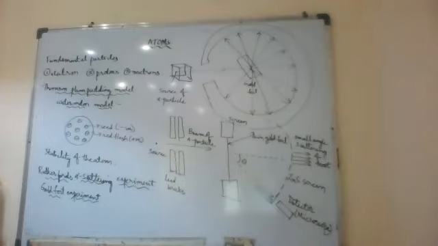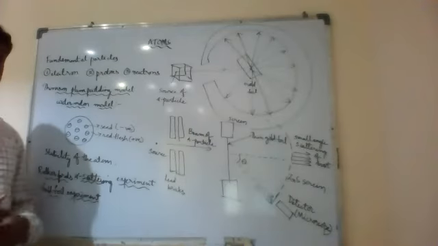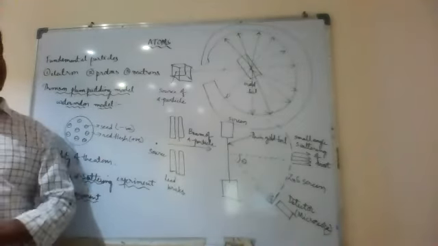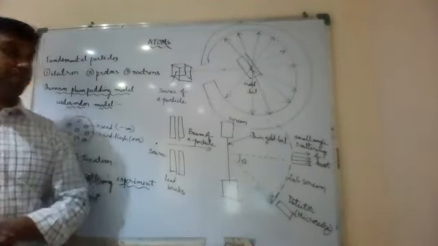Now see here, in the Rutherford alpha scattering experiment, after J.J. Thomson's atomic model, Rutherford explained a new model. According to this model, he did this alpha scattering experiment.